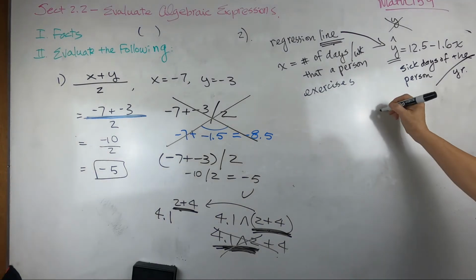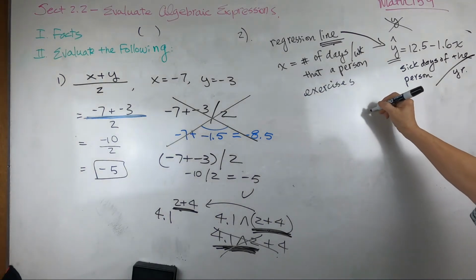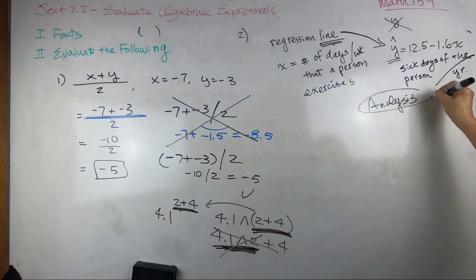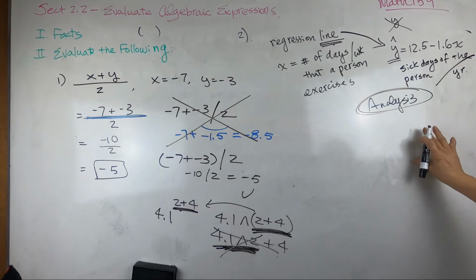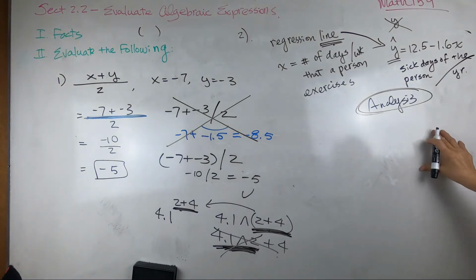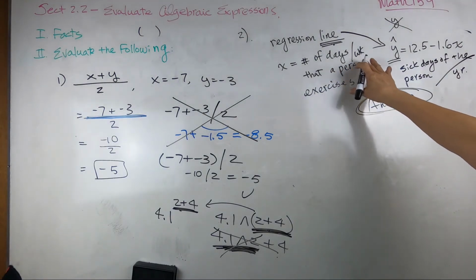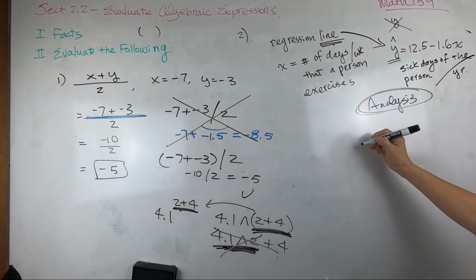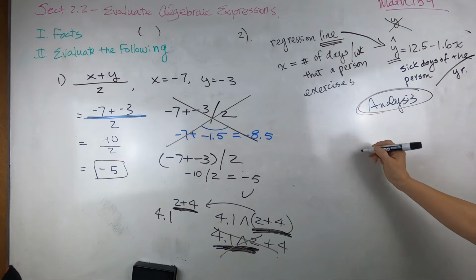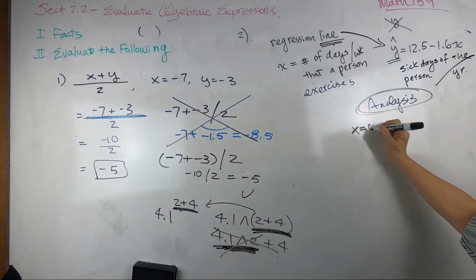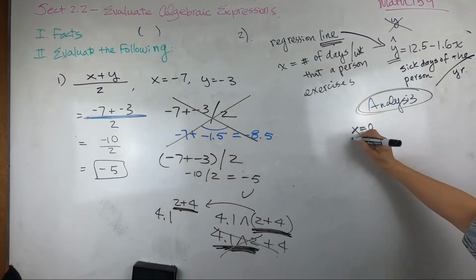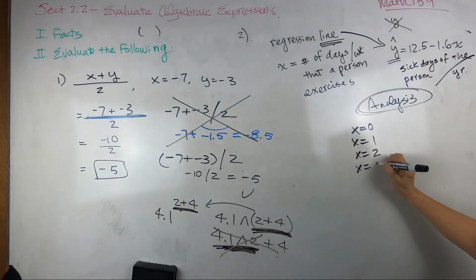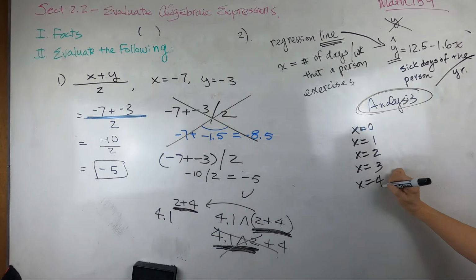So let's do some analysis. What does this really mean? x is the number of days per week that the person exercises. So what do you think? The person can exercise 0 days per week. x can be 1, x can be 2, x can be 3, 4.